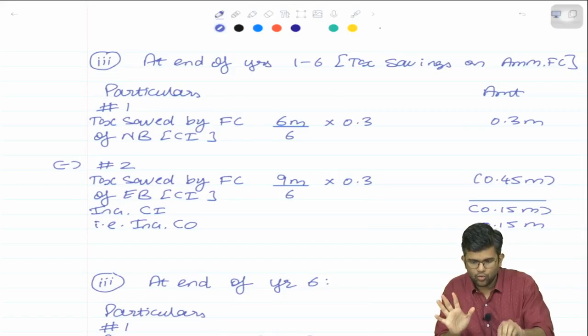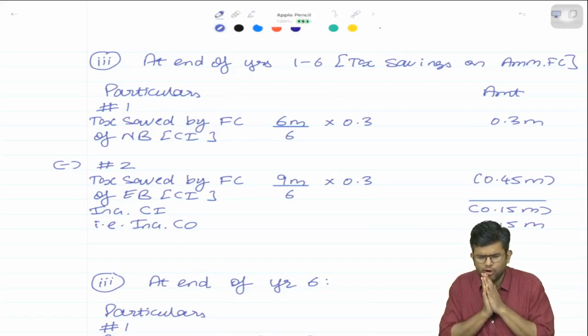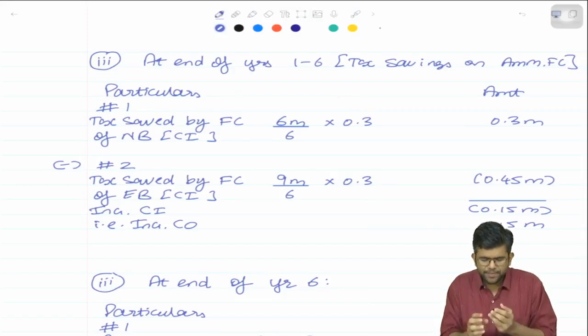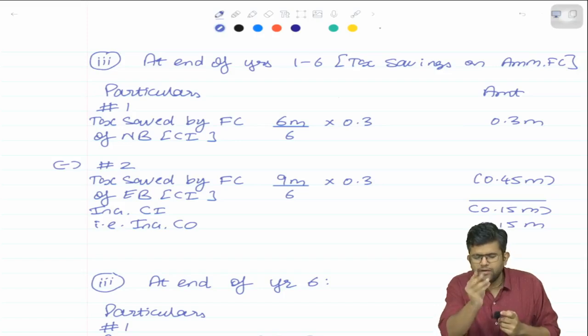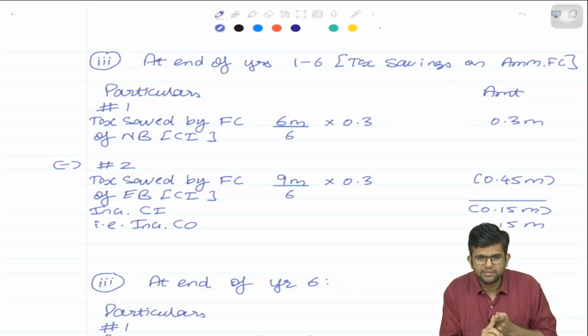Now, what is this outflow all about? I am saying if I go for the new bond, every year I'll be able to save 0.3 million tax because of the flotation cost.